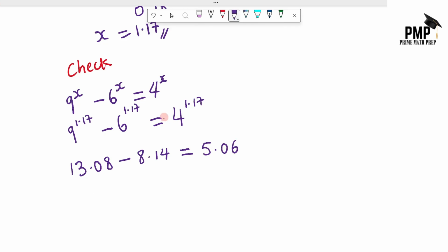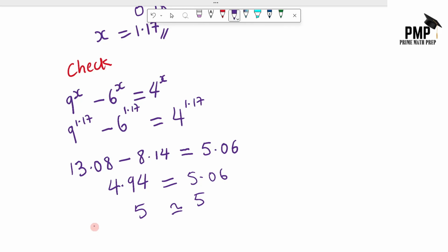Let's subtract this and see whether we'll get the same thing. 13.08 minus 8.14. This is 4.96. Approximately, because we approximated all these to 2 decimal places, we can now say that they are relatively the same by approximation. This is 5.06. This can be approximated to 5, and this can be approximated to 5.